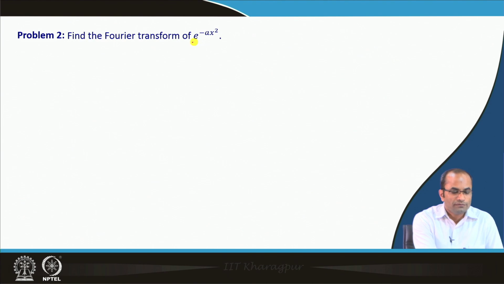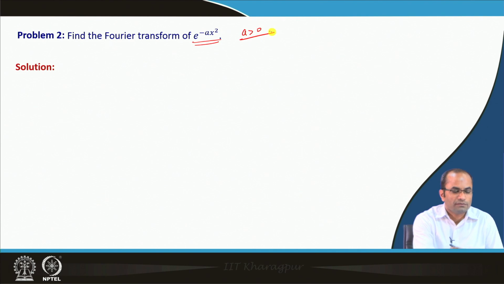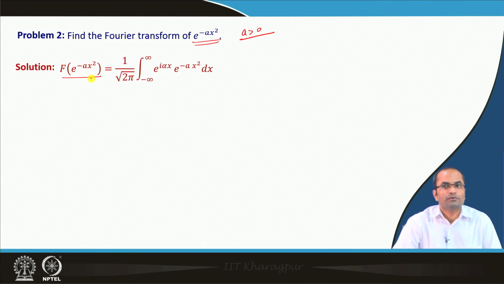In another problem we will consider here e power minus a x square. So, a is again some positive number, and for this problem we will again apply the definition of the Fourier transform, that means e power i alpha x, and then we have e power minus a x square dx.